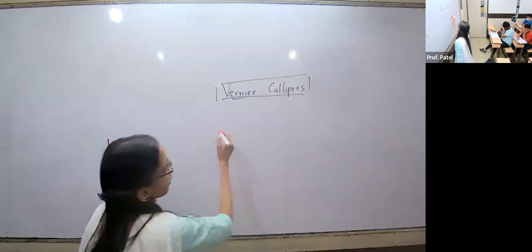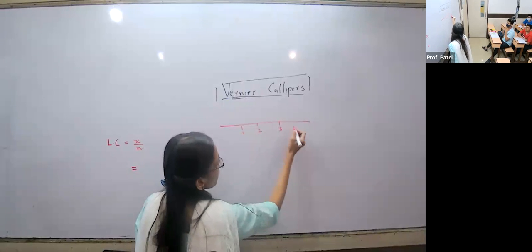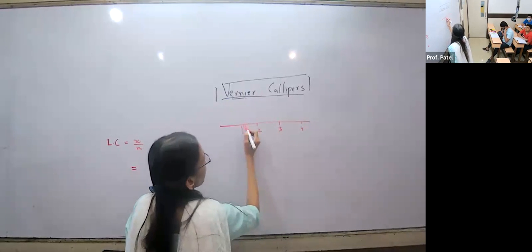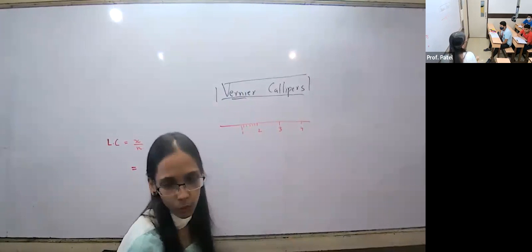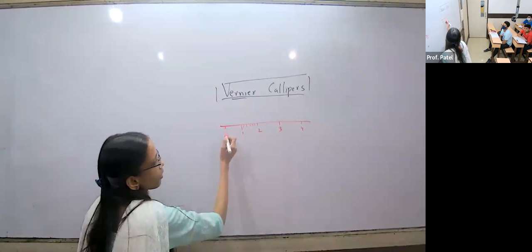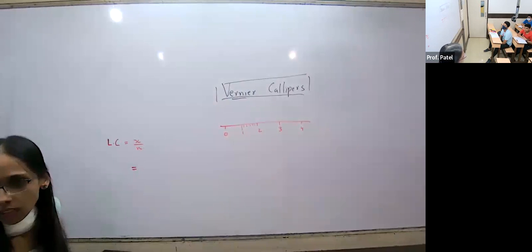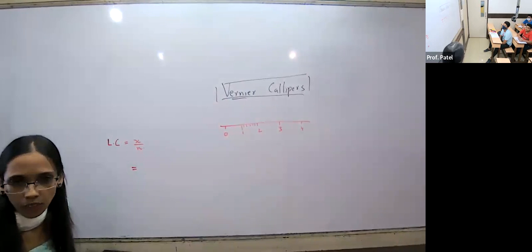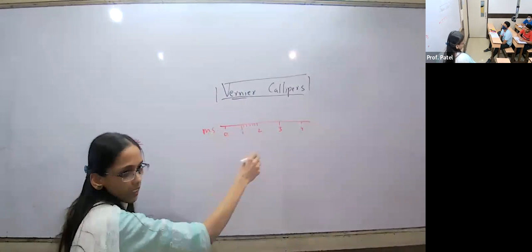We view there is 1 centimeter, there is 2 centimeter, there is 3 centimeter, there is 4 centimeter. And what is the smallest main scale division of the vernier caliper? Same as your ruler. How much is it? Not 1. It is 0.1. What is the smallest main scale division? 0.1 centimeter. This main scale of the vernier caliper and your ruler is the same.